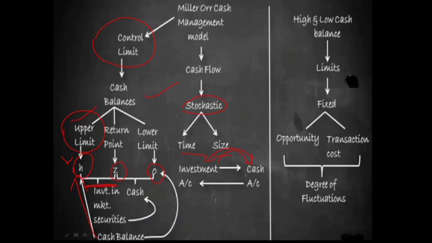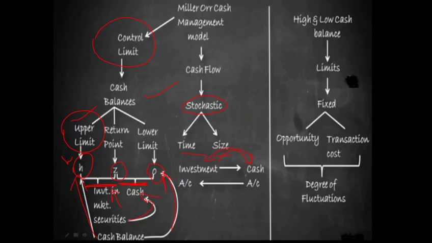Similarly, when the cash balance touches the lower limit of 0, this model says the cash which we have invested in marketable securities, to the extent of the gap between 0 and z, should be brought back. So up to that extent these securities should be converted into cash. This happens when the cash balance touches the lower limit.